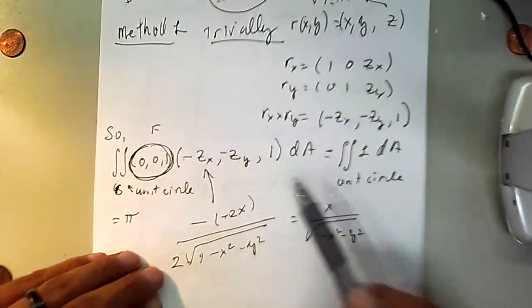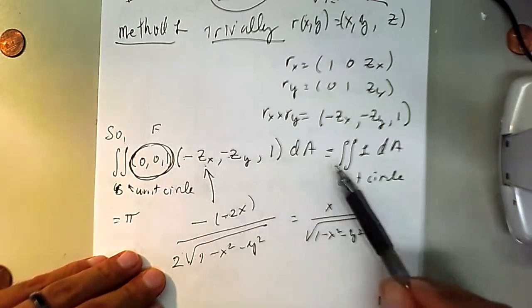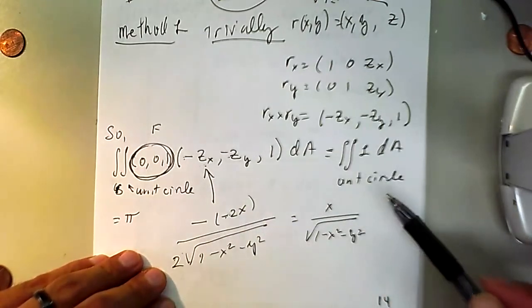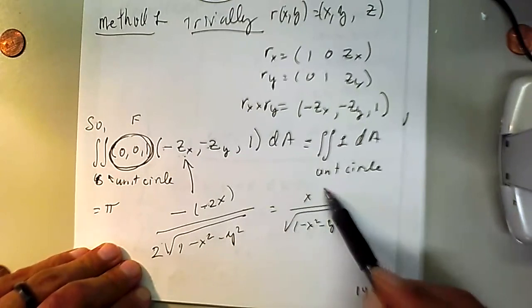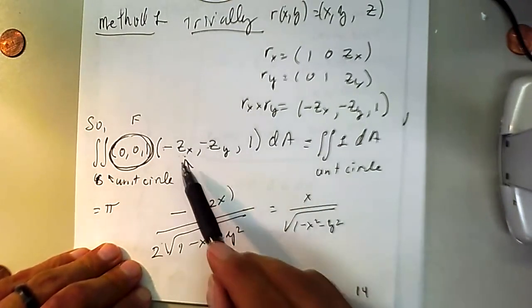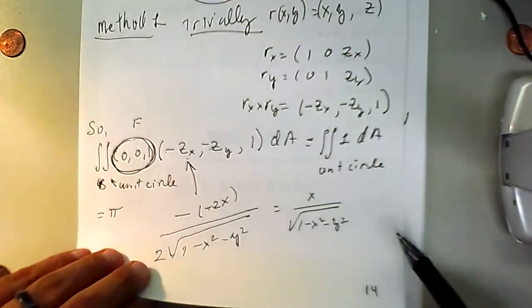So if those two were not 0, we would have to find those, and then multiply and add with the dot product. And just one of them would have been this, which is already rather complicated. So just negative z sub x would have been complicated here.